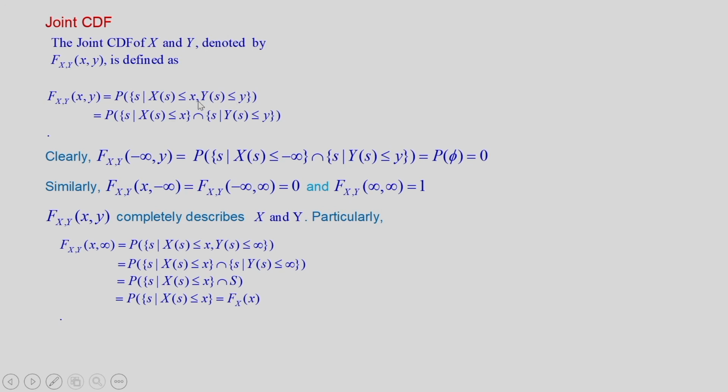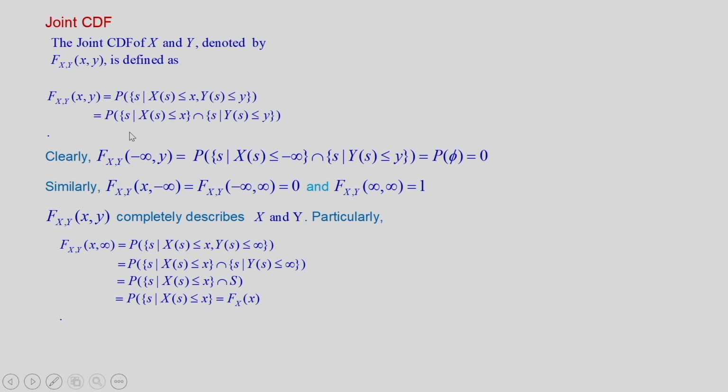This comma in fact means 'and', and we can write this in terms of an intersection of events: the probability of the event {s such that X(s) is less than or equal to small x} intersection {s such that Y(s) is less than or equal to small y}. So, this is the definition of the joint CDF, and this joint CDF completely describes two random variables X and Y.